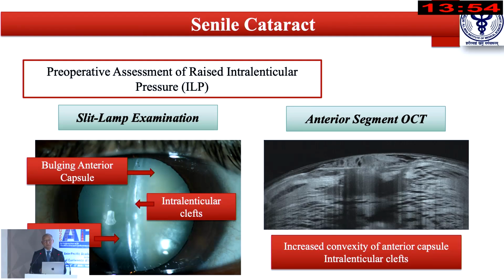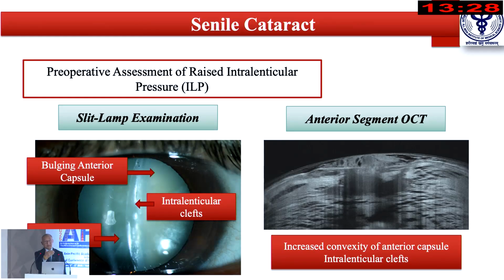But if you do the same patient under anterior segment OCT, which most of us have, the assessment is needed in these cases. You can document this patient appropriately, the anterior convexity, the fibers, the clefts, everything can be seen in these patients. In fact, you can define better, which sometimes is difficult to replicate in an examination by two examiners the same way.